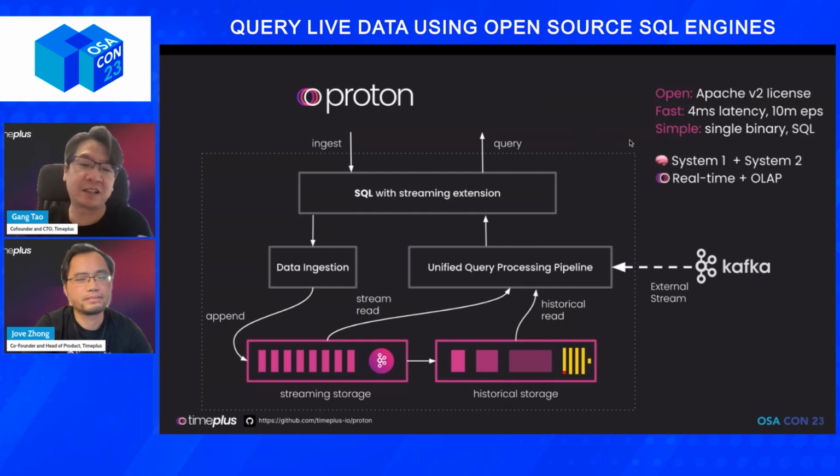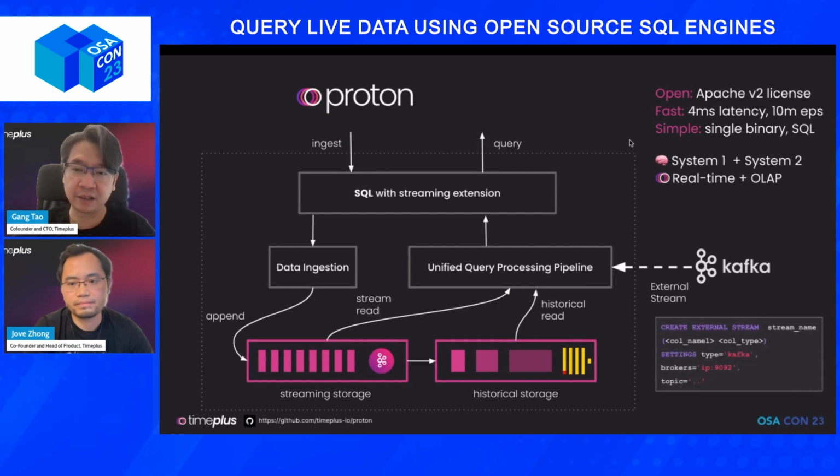So we can think of Proton as your brain: streaming processing is system one, taking immediate actions on your fresh data, and historical data is system two, doing analytics on a large amount of historical data, right? And we unify these together with the SQL engine, so you can query this data using SQL immediately, right?